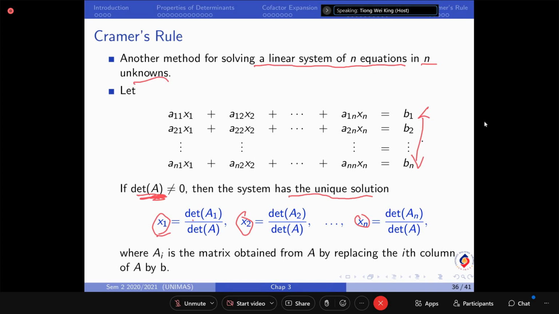X1 equals the determinant of A1 divided by the determinant of A. X2 is the determinant of A2 divided by the determinant of A. And so on until xn, the determinant of An divided by the determinant of A. Now if you look at the formula here, the similar part is the denominator is always the determinant of A. The matrix A here is the coefficient matrix.